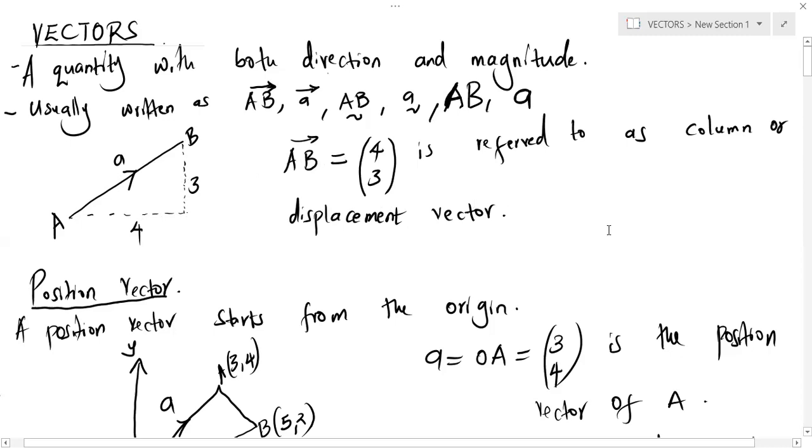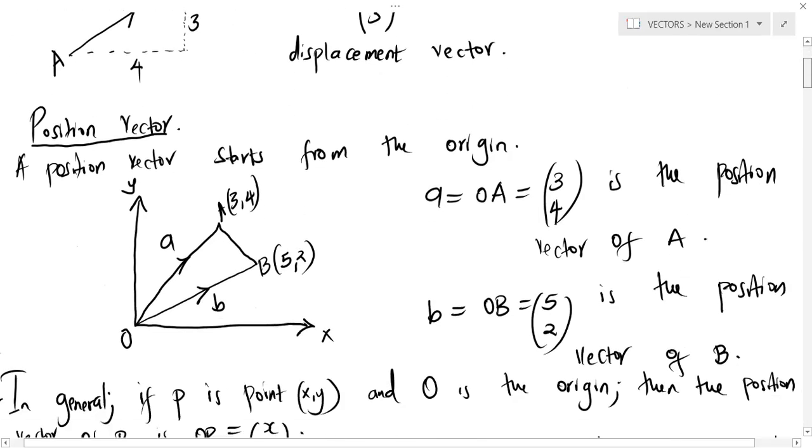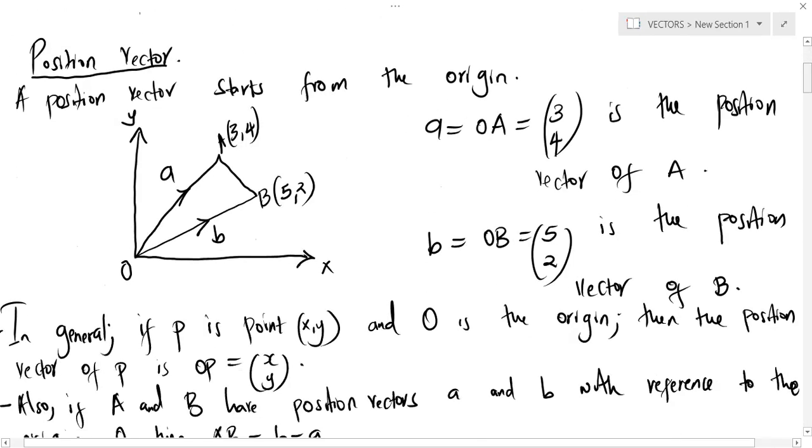Now, a position vector starts from the origin. So if the position of a vector is defined, it's basically from some origin O. So let's take O as our origin, and then we have our y and x coordinates here. When we look at OA, that is the position vector represented by A, basically the position from the origin.